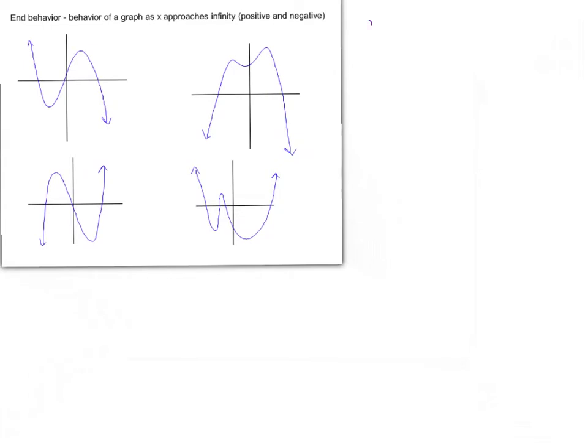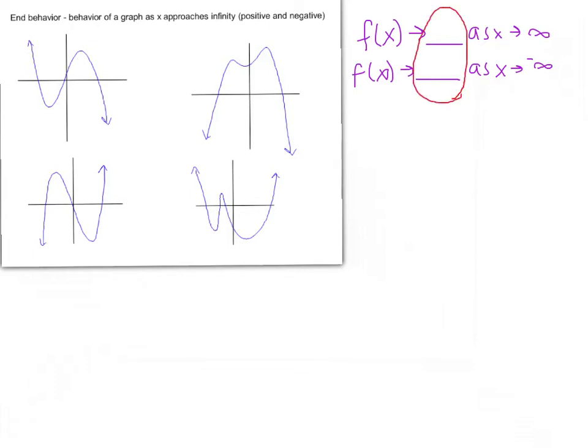This is going to be our outline of how we describe end behavior. f of x approaches something as x approaches infinity, and f of x approaches something else as x approaches negative infinity. When we approach it this way, we use this outline every single time, we just need to figure out what these two blank spaces are.